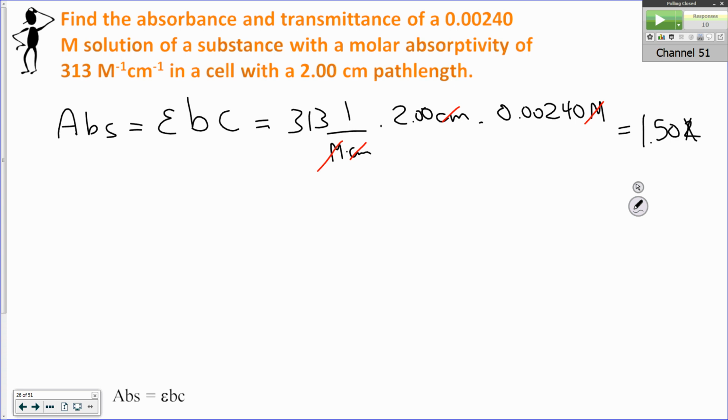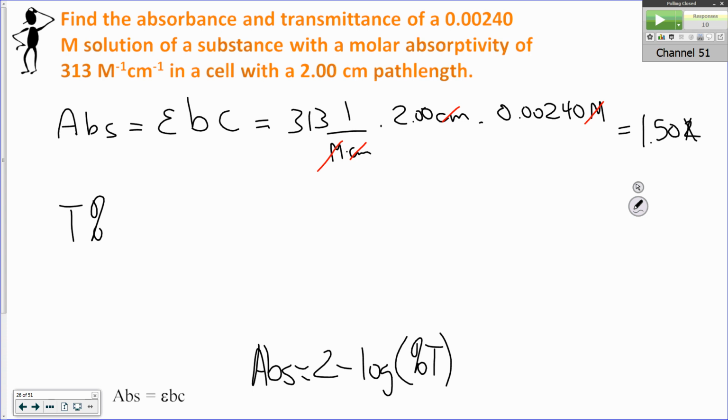Okay, so if absorbance is 1.50, you tell me what T is. I think I did that right.